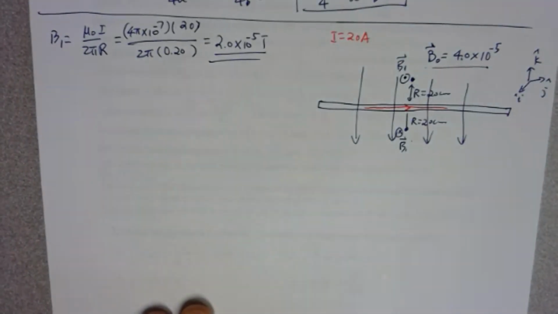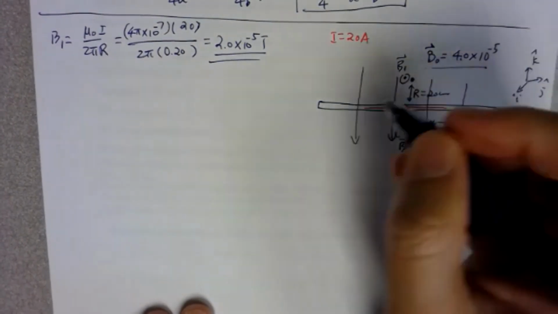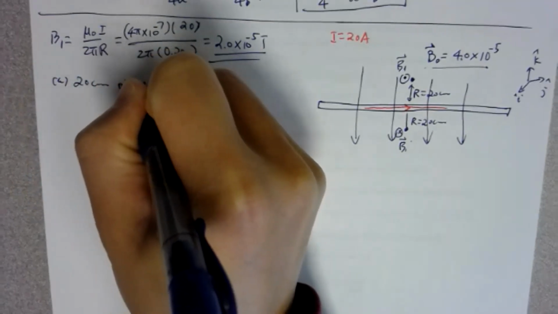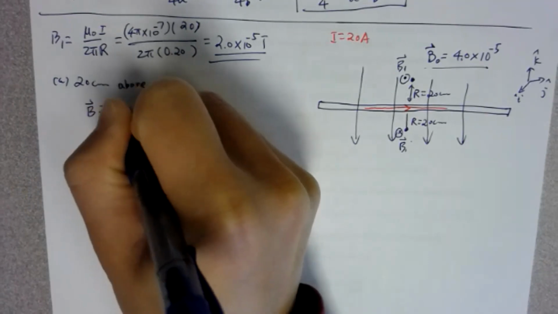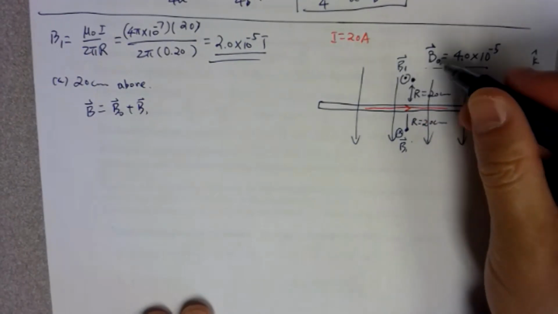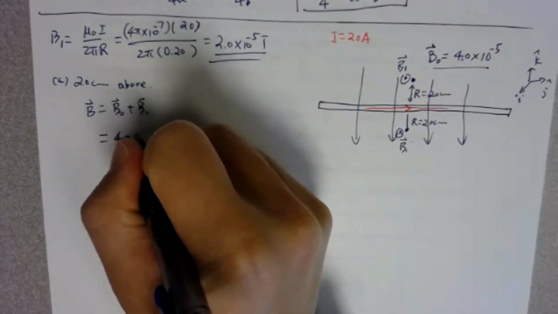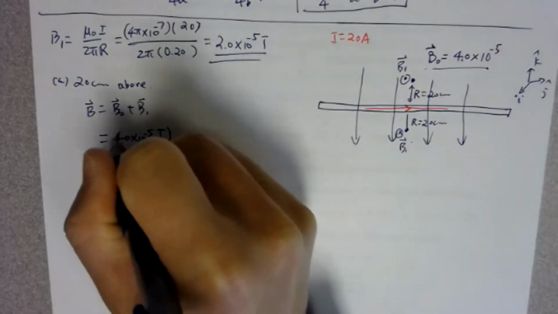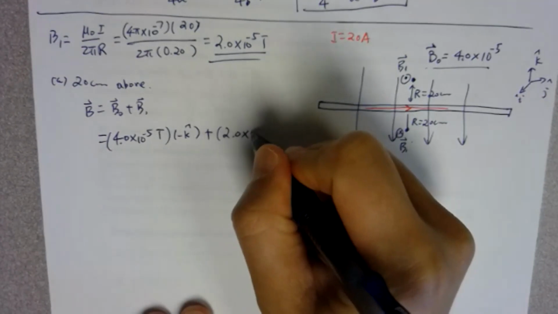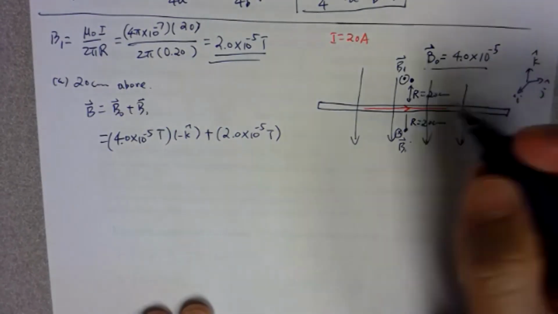At this location, let's call it A, 20 centimeters above, your total B field will be B0 plus B1. B0 is in the minus direction, so it is 4.0 times 10 to the minus 5 Tesla in the minus K direction, plus B1, 2.0 times 10 to the minus 5 Tesla out of the paper, the positive X direction.